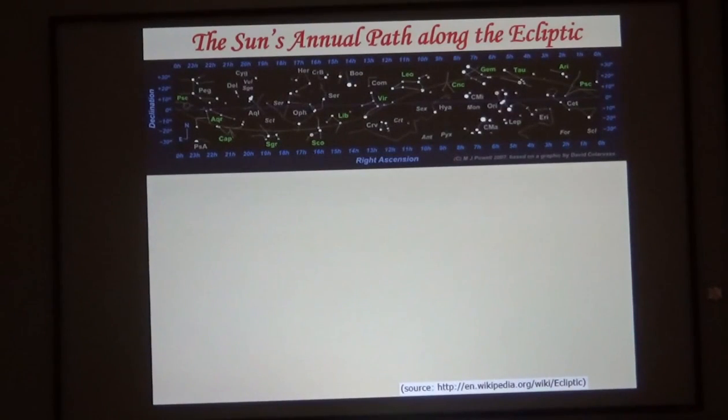So if we assume for now that the orbit is circular and the sun is moving at a constant speed along there, when it's at these points here and here, you've got an angle, which means that the sun is not just going east, it's also going in another direction as well. So the easterly component of its motion is not as great as the easterly component would be here and here, which of course is 100% of the motion.